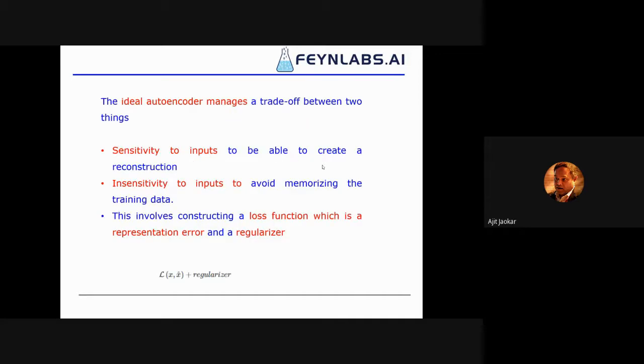So the autoencoder manages the trade-off between sensitivity to inputs and insensitivity to inputs. And to do that, you have to construct a loss function which includes a regularization function.